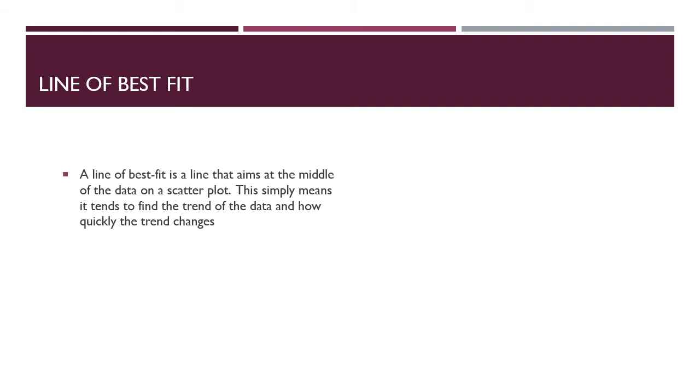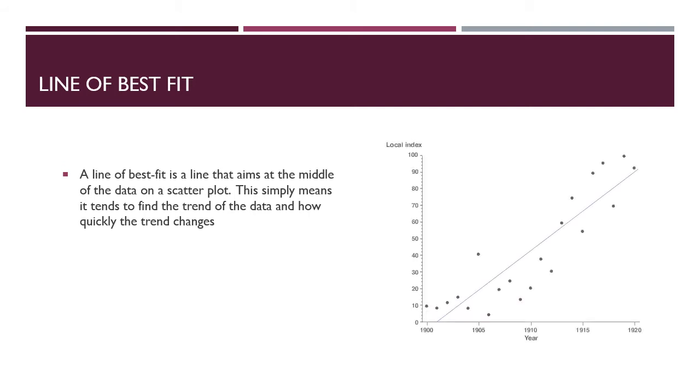And of course, when we're talking about change with a line, we're talking about the slope. To the right is an example of what the line of best fit would look like. The line is here in blue, and that is what we call, again, the line of best fit, or a trend line. It's showing how the data is trending with the year and the local index.